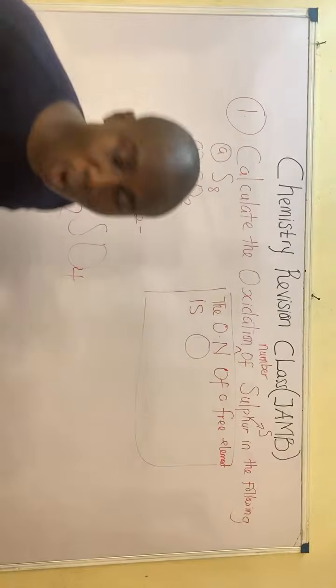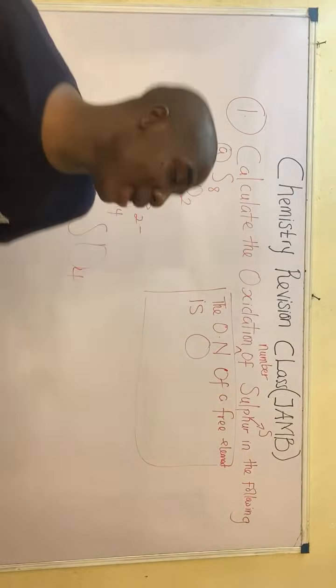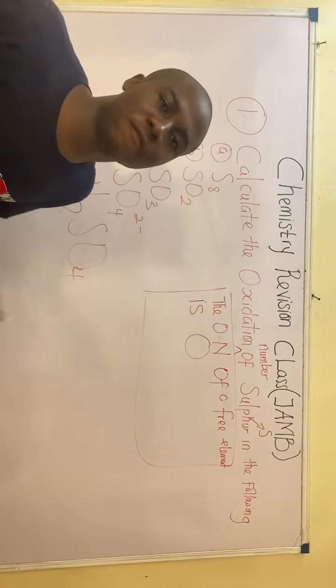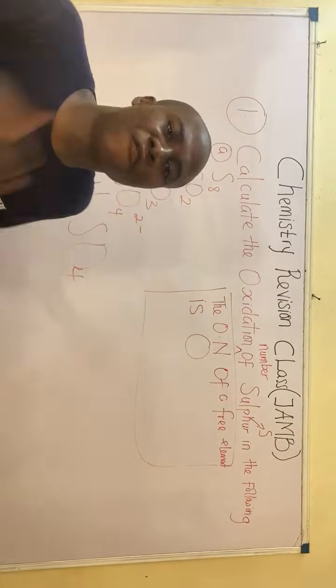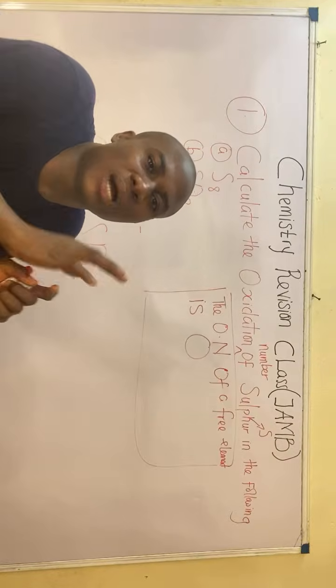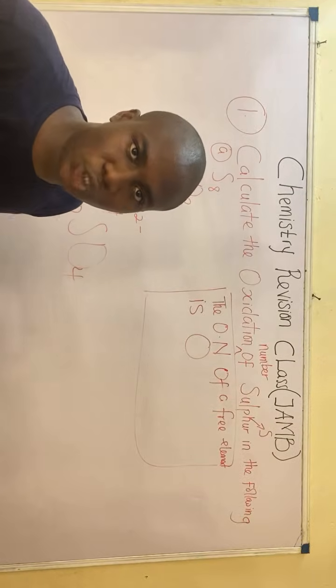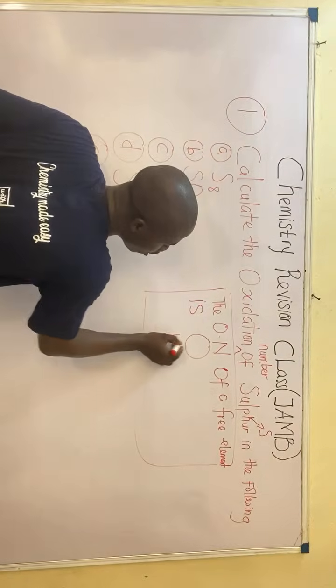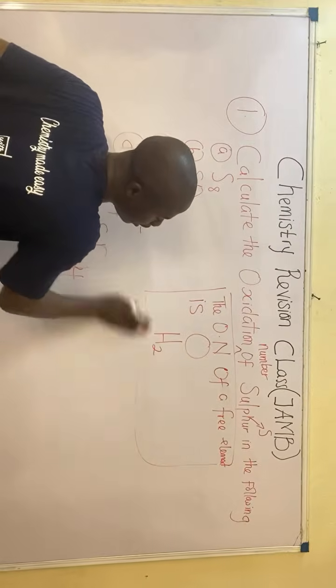The oxidation number of a free element is 0. Now, what is a free element? Very easy. A free element is an element that is existing on its own without any attachment. Do you understand? So, for instance, we may see something like H2 in the JAMB exam.